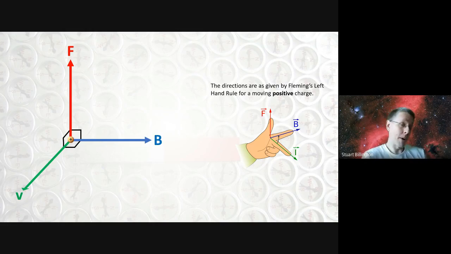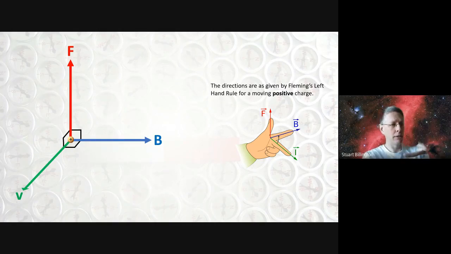Just remembering that a current is a flow of positive charge. And so if it happened to be a negative charge, you would have to point your middle finger in the opposite direction to what the charge is flowing in, because if the positive charge is flowing one way, then negative charge would be flowing the other way. So you have to reverse your finger for negative charges. Don't snap your finger, that would be bad.